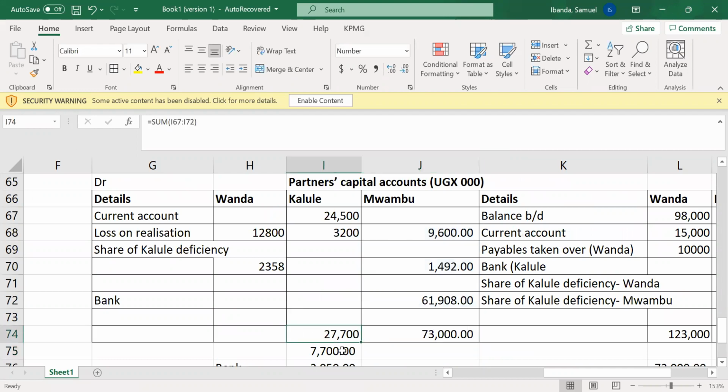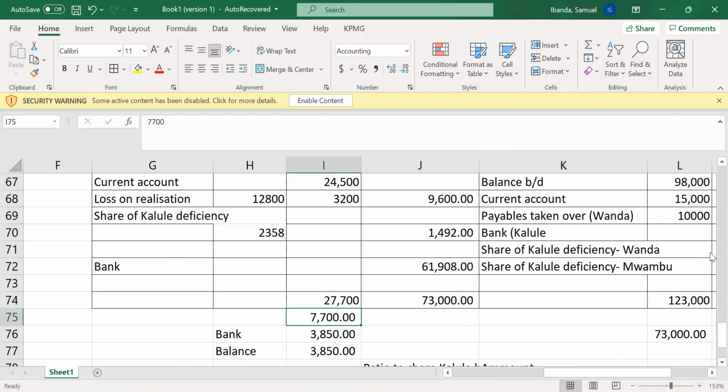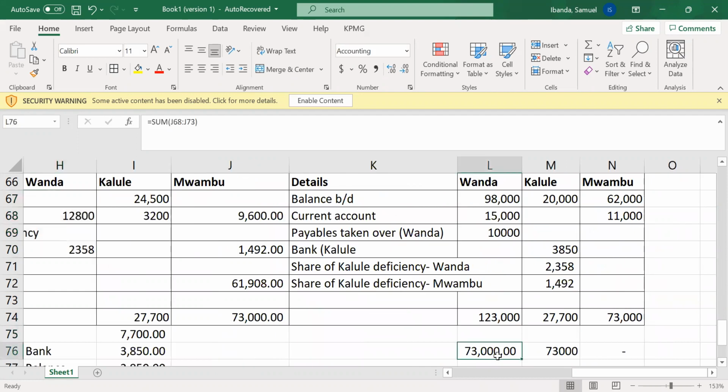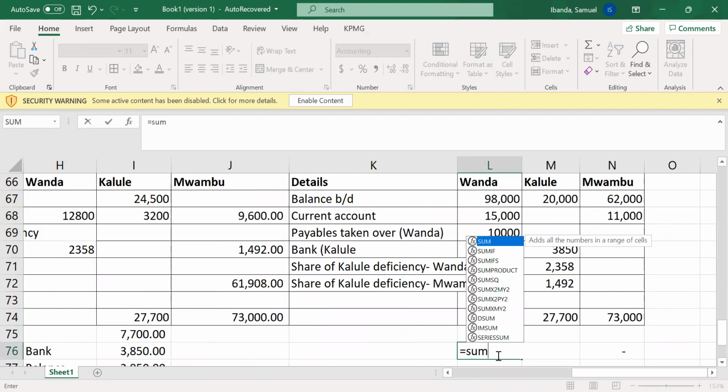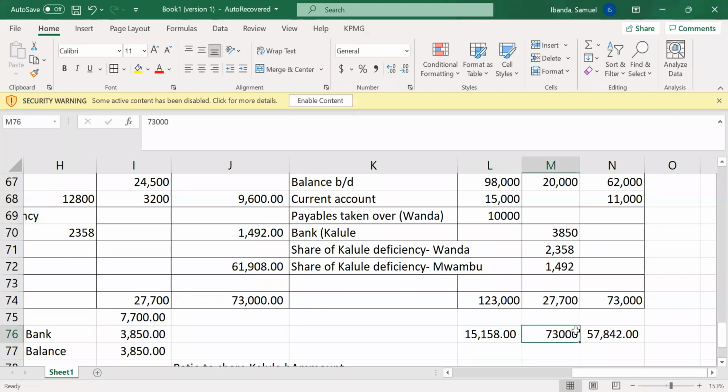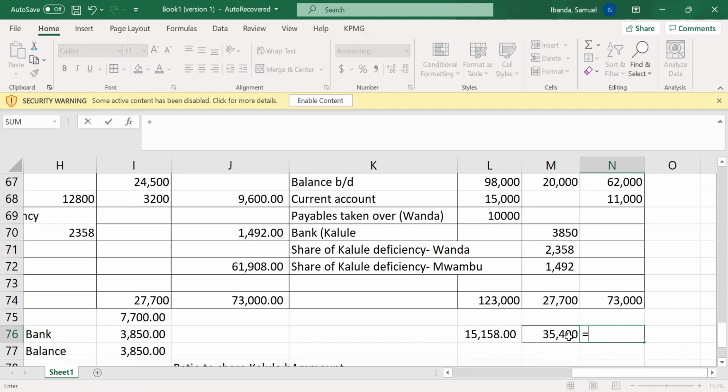So I'll do the same thing also for this guy, Wanda. This side is 115. I'll just add up here. So this is 15, and I'm going to compare it with 123. Let me try to do this.